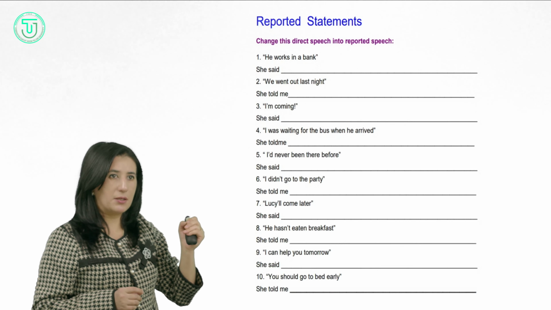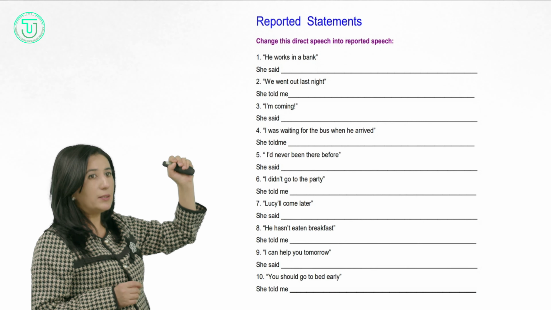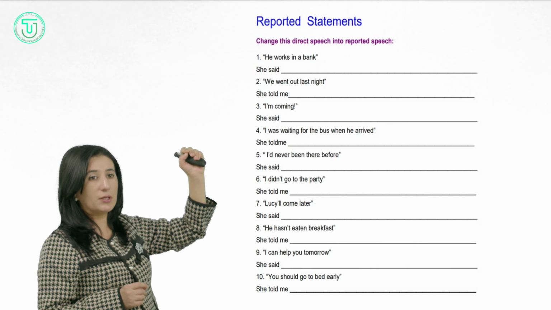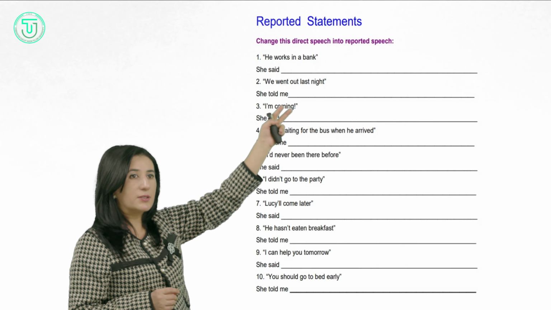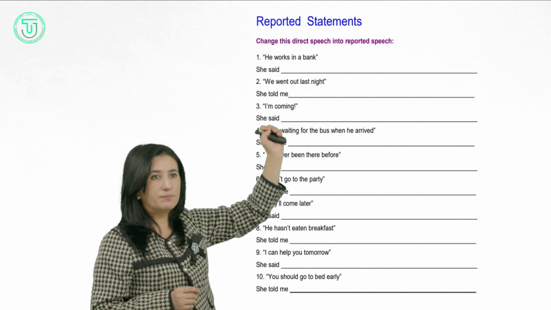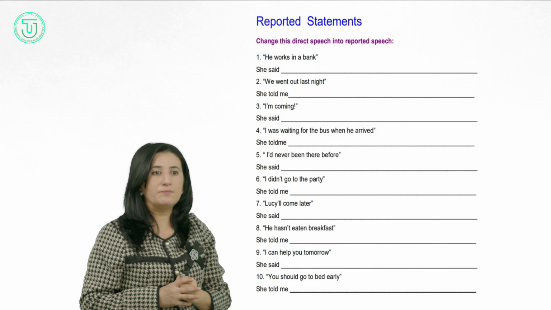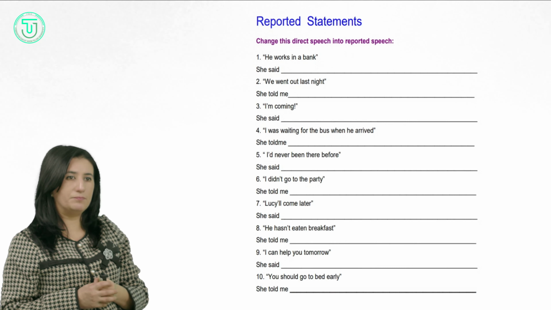It is reported speech. Second one, look at the second statement: "We went out last night." As you see, in direct speech it starts with the past tense. We have the time modifier last night. How should it sound? Would you please practice for 3 minutes on the other statements?